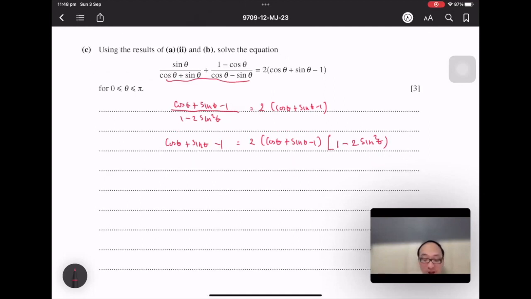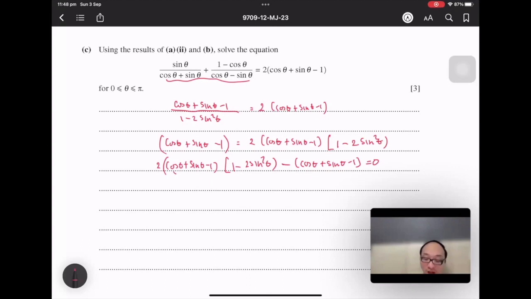And then I can make it the same here. So 2 (cos theta plus sin theta minus 1) multiplied by (1 minus 2 sin squared theta) minus (cos theta plus sin theta minus 1) equals 0.